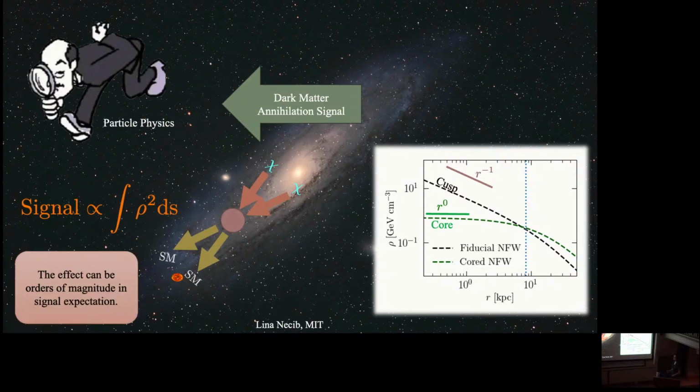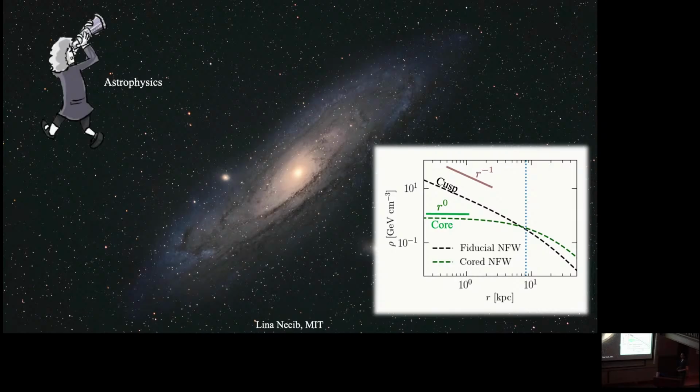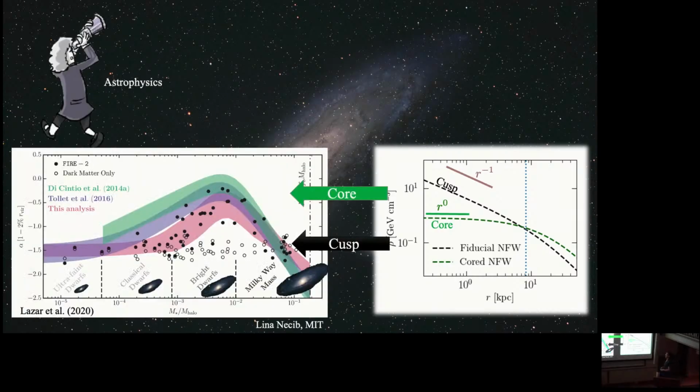All right, so from the astrophysics side, this is also very interesting, especially because it tells us something about galaxy evolution and what galaxies are actually supposed to look like. So this is a theory diagram, where on the x-axis we have the stellar mass divided by the halo mass, but you can think of it as basically the galaxy masses from the ultrafaints all the way to the Milky Ways.